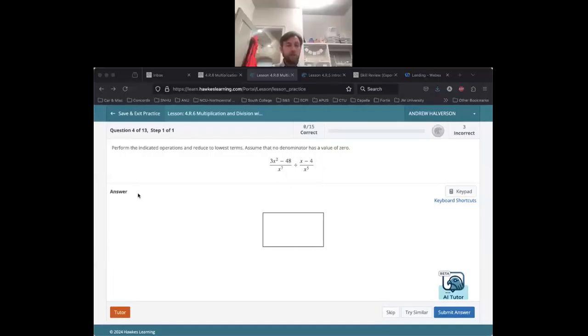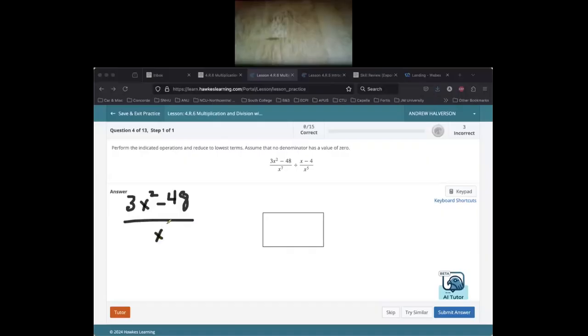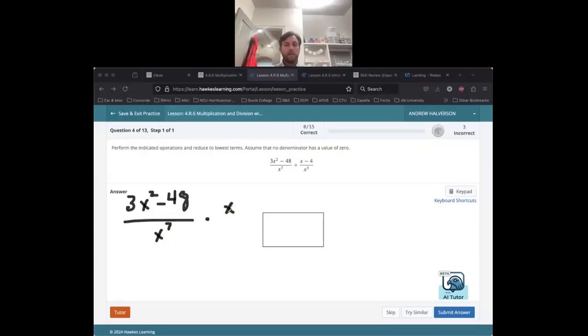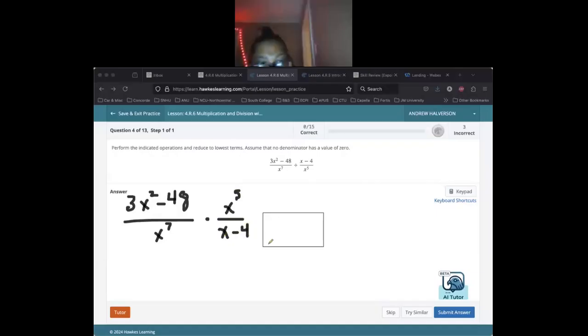So it becomes 3x squared minus 48 over x to the 7th, times, flip the second one, x to the 5th over x minus 4. Now, at this point, once you have multiplication, don't actually multiply.